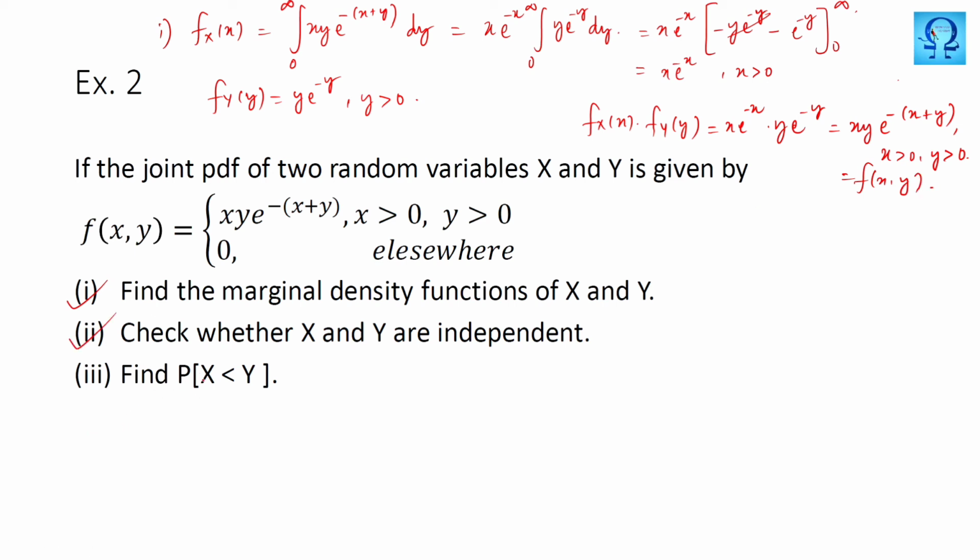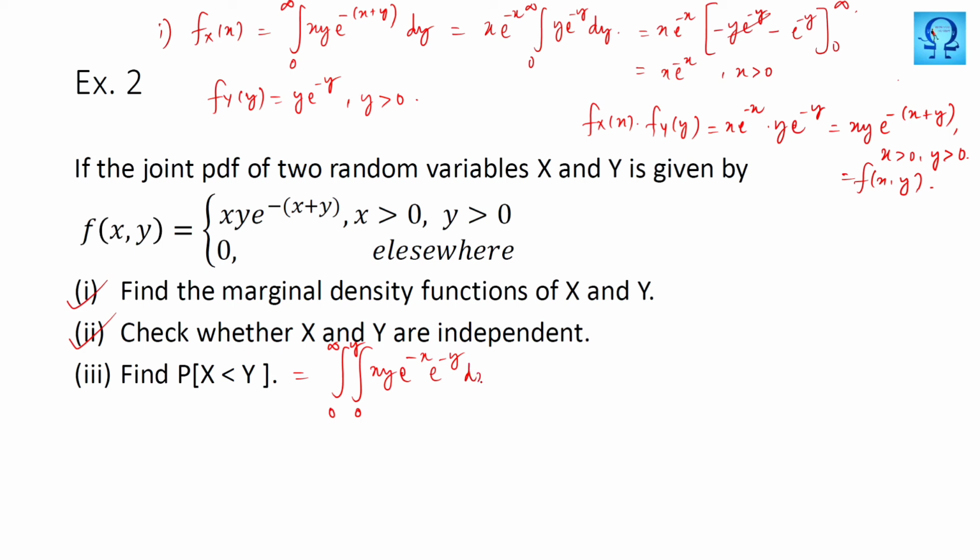Now we are asked to find the probability that x is smaller than y. Okay, so this one is the integral of xy e to the power minus x e to the power minus y. Okay, x is varying from 0 to y, whereas y does not have any limits.